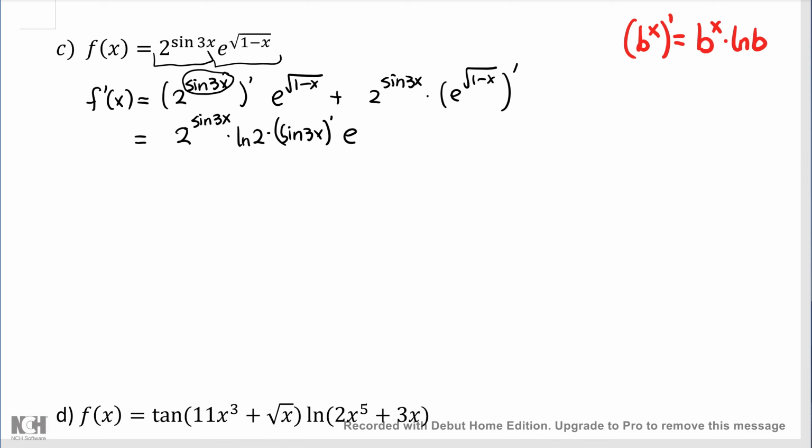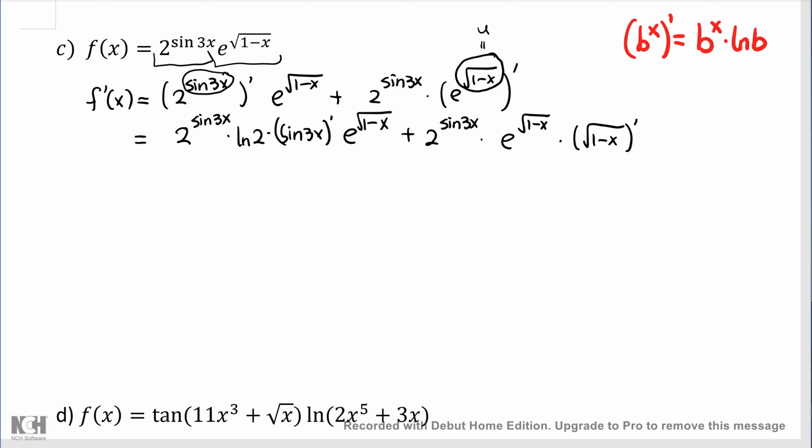And then we continue e to the square root of 1 minus x plus 2 sine 3x. So here again, this is u. E to the u derivative is e to the u times my u, 1 minus x prime.